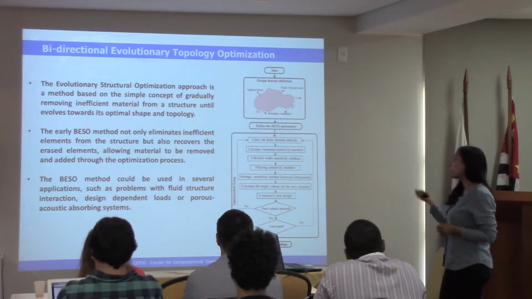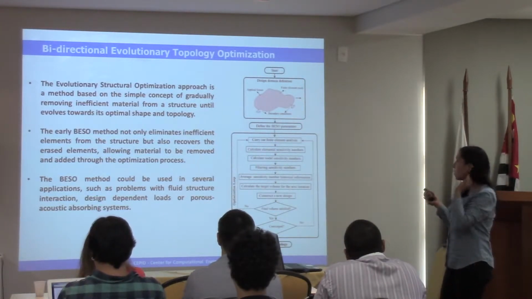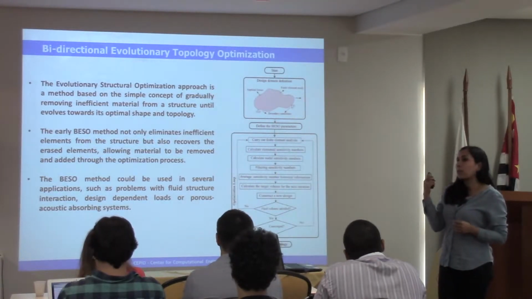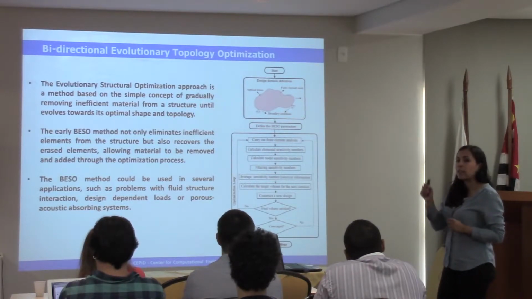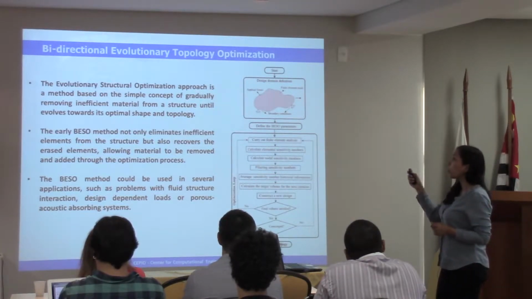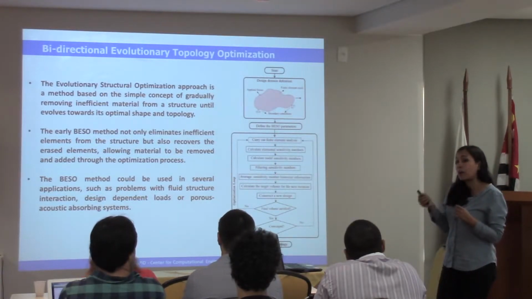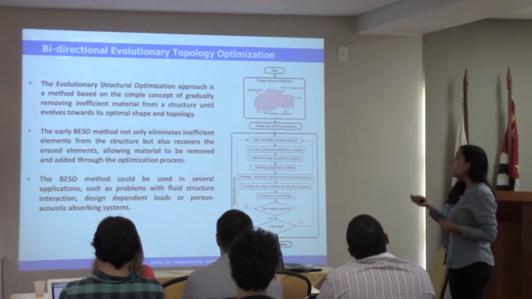Then we calculate, and this is a very important part of the process, the elemental sensitivity numbers. This means that we analyze how important the presence of an element is in the structure. That's what we call the inefficient material: those elements that are not very important to the design, so we can remove them.